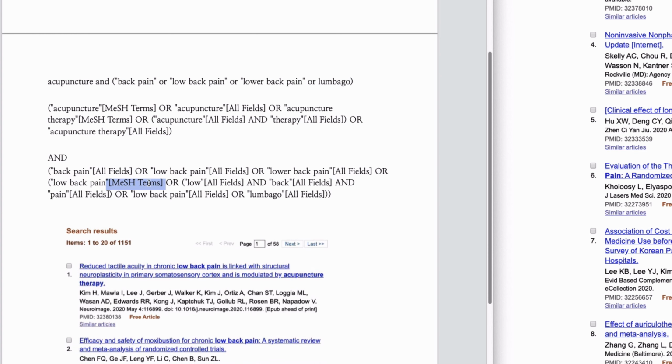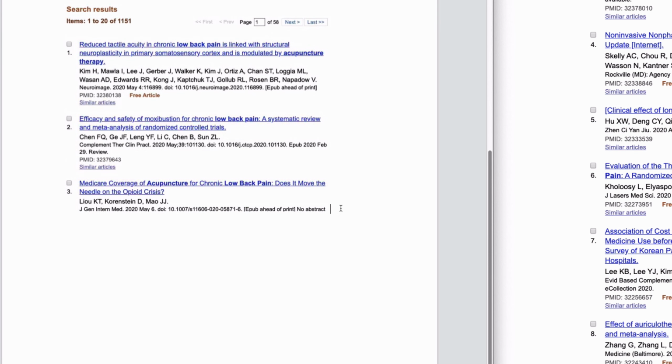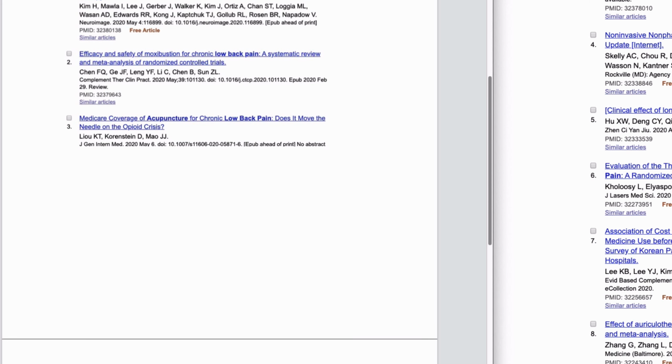What is the MeSH term then? So we talked about MeSH as the controlled terms. We promised beforehand that these MeSH terms will be used to index the articles.